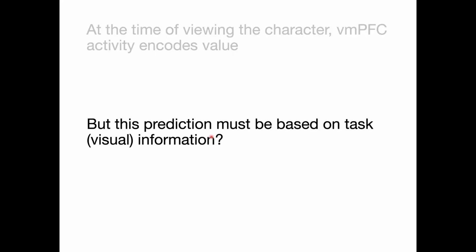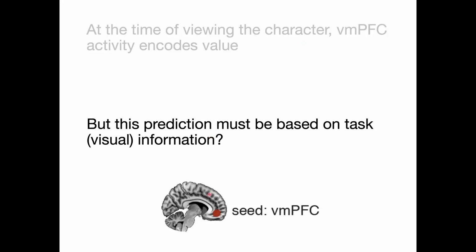So the VMPFC activity encodes value, but this prediction must be based on task visual information. And so we run a PPI analysis, a psychophysiological interaction analysis, using as a seed this exact VMPFC cluster that codes value, and we look for correlates across the whole brain.